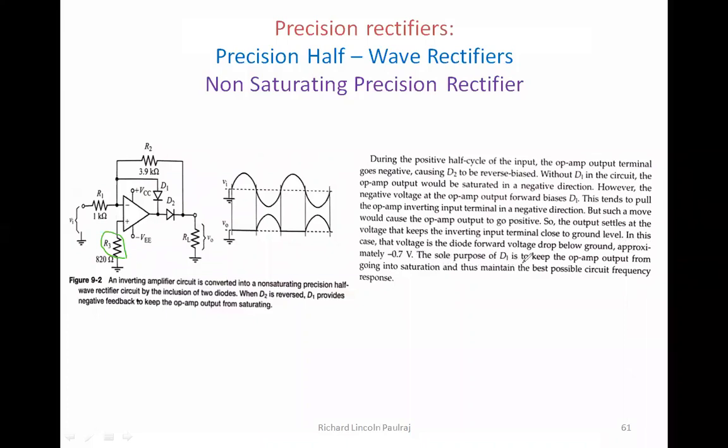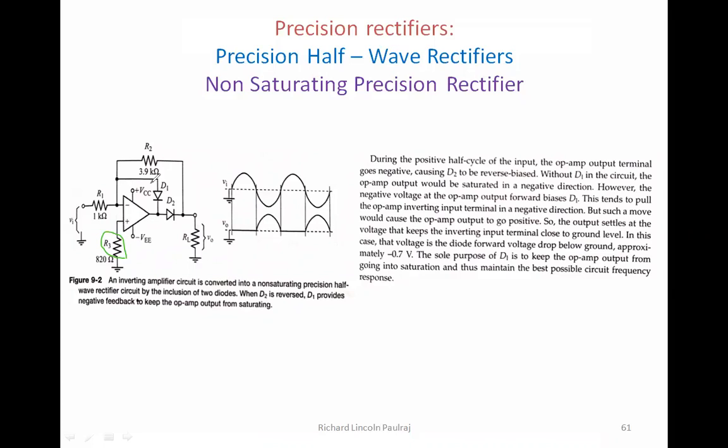The sole purpose of D1 is to keep the op-amp output from going into saturation. So with the help of D1, it will make sure that it doesn't go too negative, but just stays there, so that I can immediately bring it back from the negative point. Because of this, I can make it go positive and probably to the ground level for a certain time.